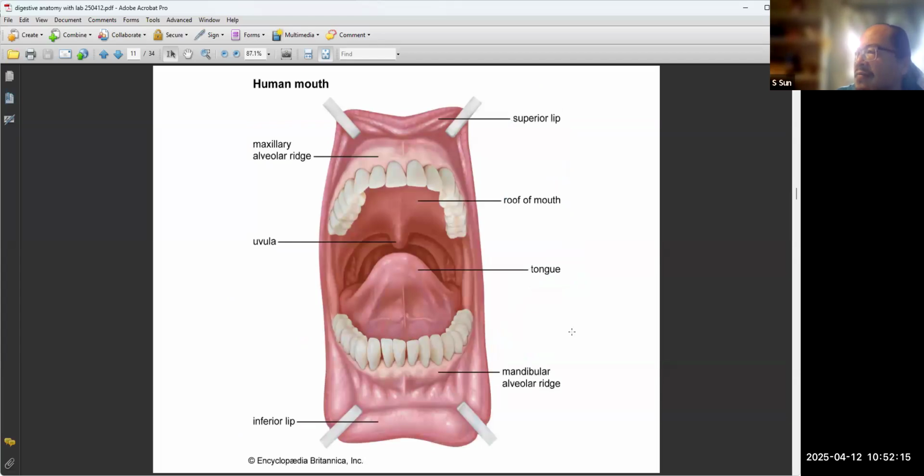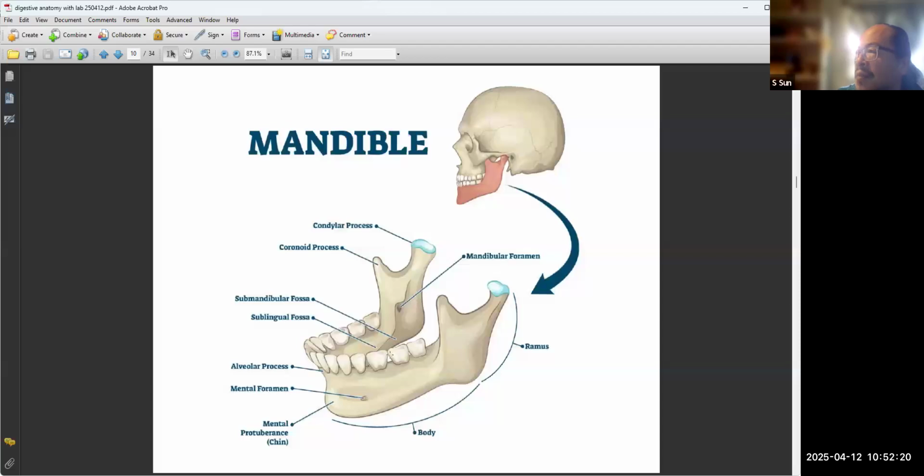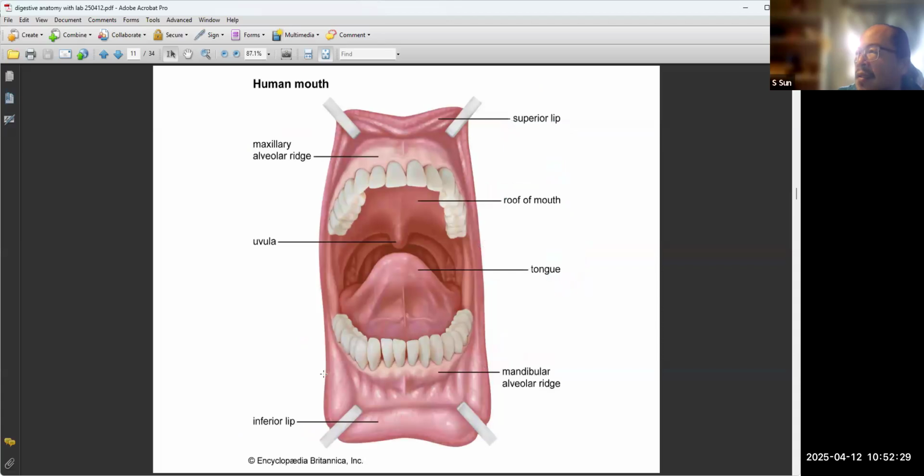Then mouth again. All right, so just showing you the additional thing here is that in the bone, we have this alveolar process. And when we look from the oral cavity side, not just the bone, this one will be the ridge, the alveolar ridge, located on top of the alveolar process of our bone.